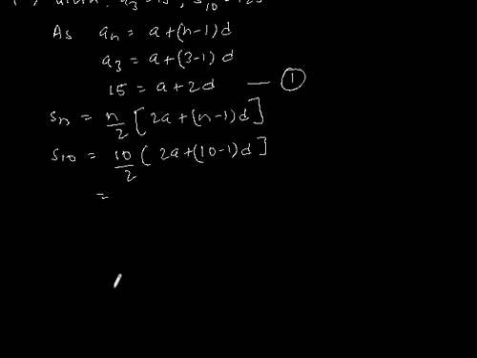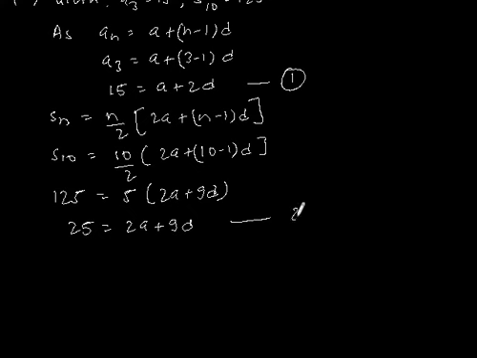S10 is 125. So putting the value, 125 is equal to 5 under bracket 2a plus 9d. So this will give 25 is equal to 2a plus 9d. Now let's say this is equation 2.